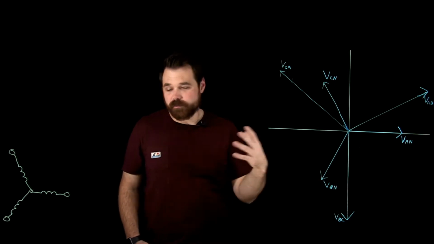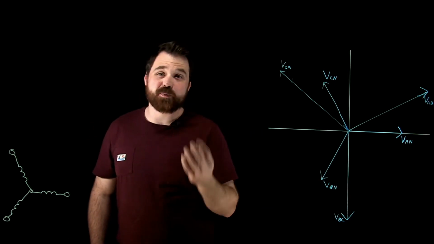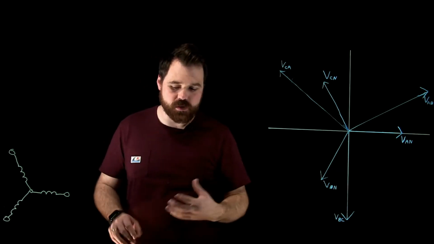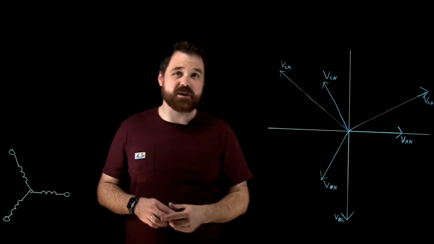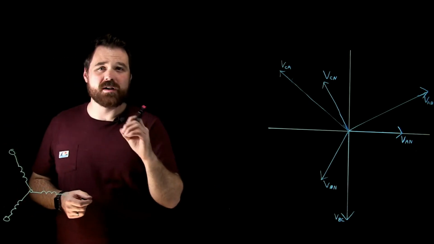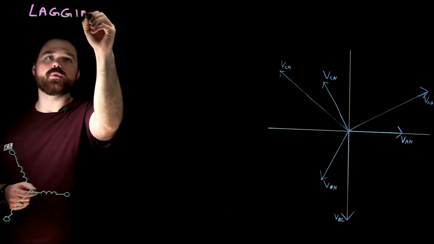In this video or portion of video, I want to discuss a three-phase Y-connected balanced motor. The nice thing is, we know a motor is a balanced load, and we know a motor is a lagging load.